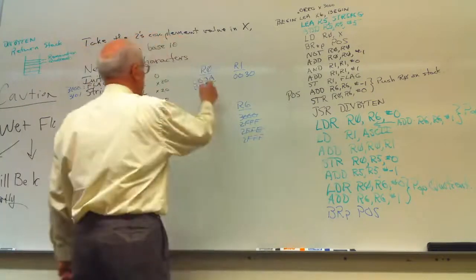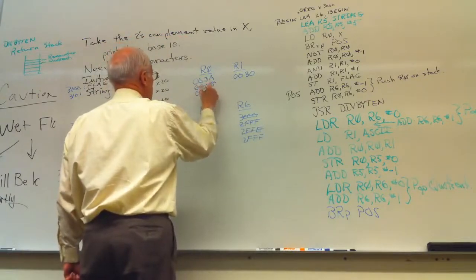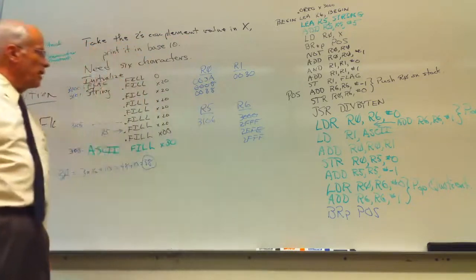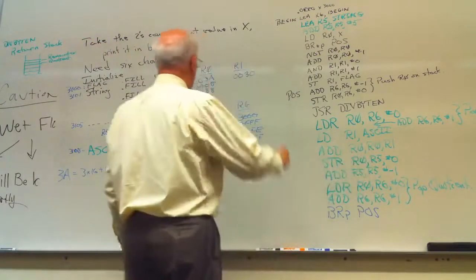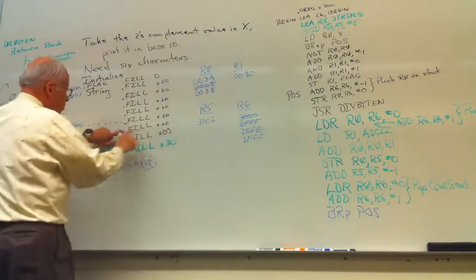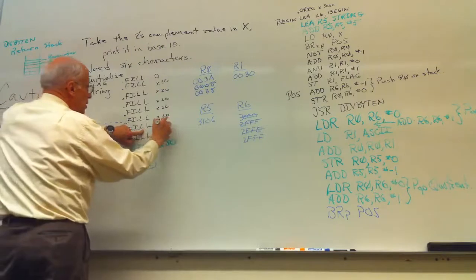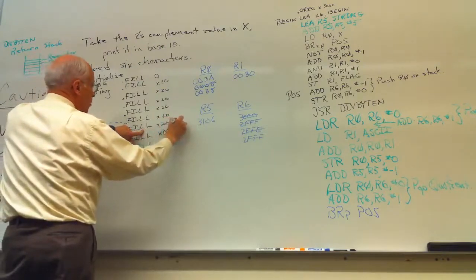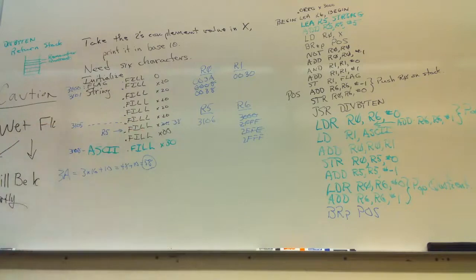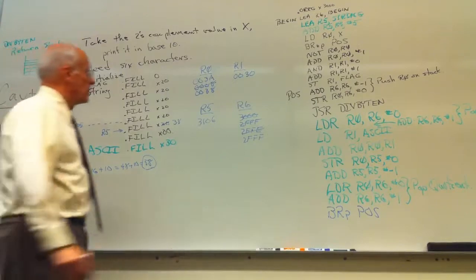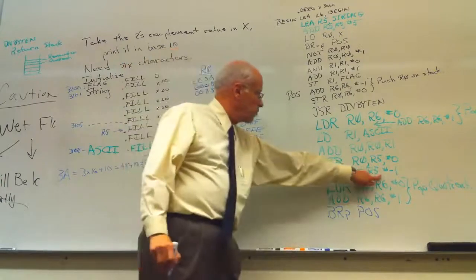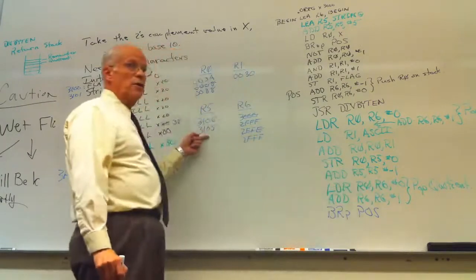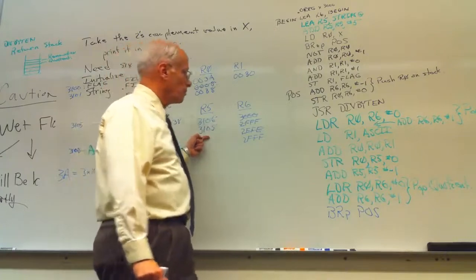Add that onto register 0. So now I get a 38 there. And I store that where register 5 is pointing. Register 5 is at 3106, it's right here. Suddenly now, instead of a 20 there, I've got a 38. And I subtract 1 from register 5, right here, so that backs down to 3105.